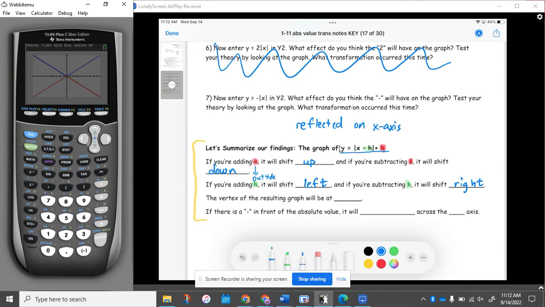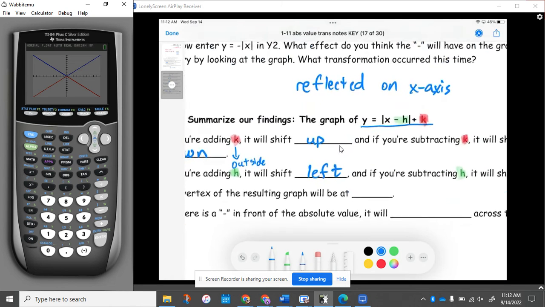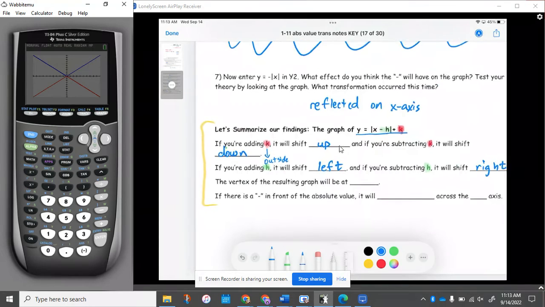Now, that's very confusing all by itself because usually when you're adding things, you're talking about going to the positive x values to the right. Well, that is not the case right here. This time on both of them, adding goes to the left, subtracting goes to the right. They're both the opposite of what you would normally expect.